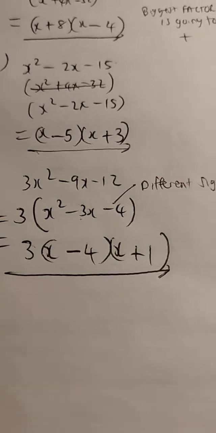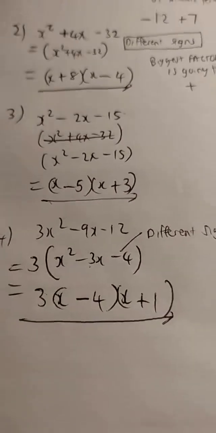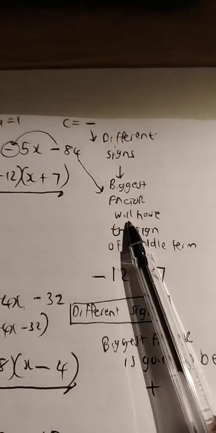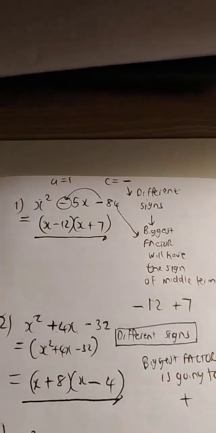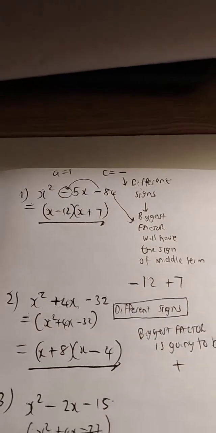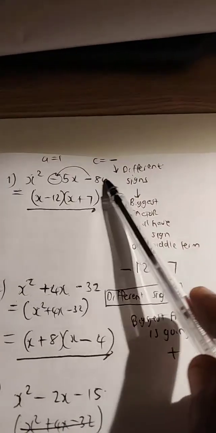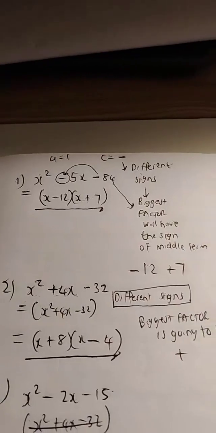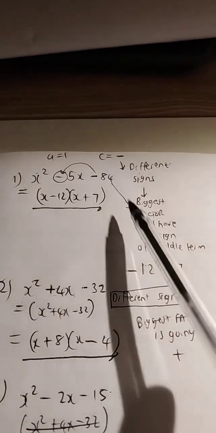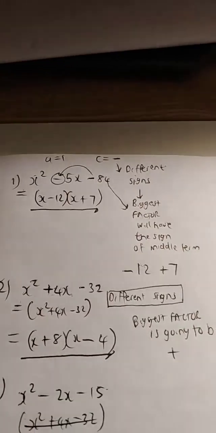This is very important, guys. The highest, biggest factor will have the sign of the middle term, whilst the other one will have the opposite sign. Different signs when you have a negative, but the biggest factor of 84 will have the sign of the middle term.